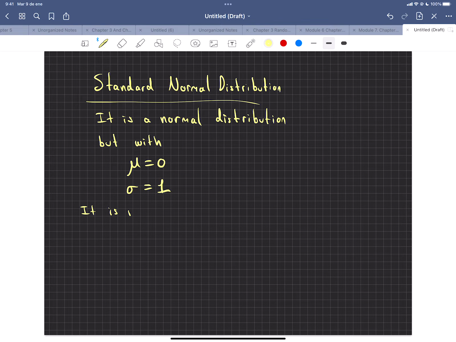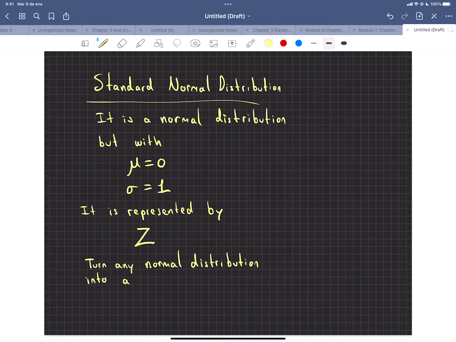It is represented usually by the symbol Z. So, we can turn any normal distribution into a standard distribution.